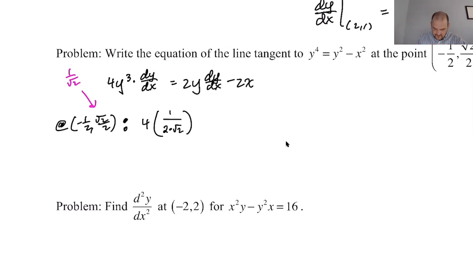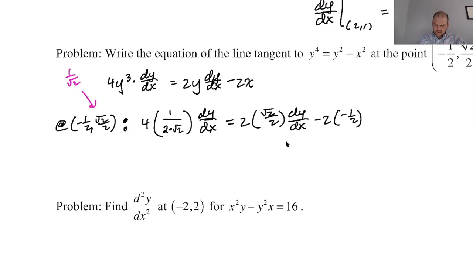dy/dx equals, okay, so 2, oh my god, I'm going to think of it as root 2 over 2 this time. I'm bouncing all over the place here, but I think it's going to pay off. dy/dx, minus 2 times -1/2. Gross. All right, so this gives me 2 dy/dx equals root 2 dy/dx.